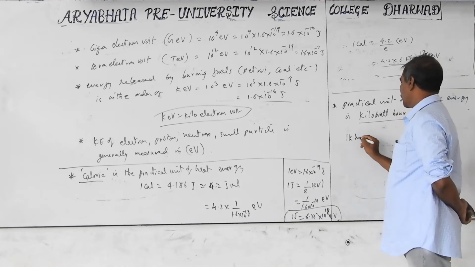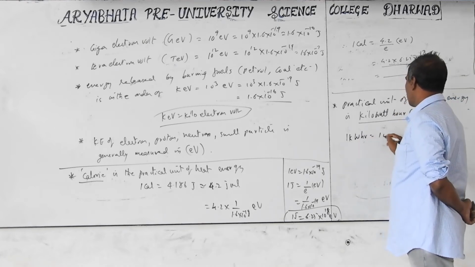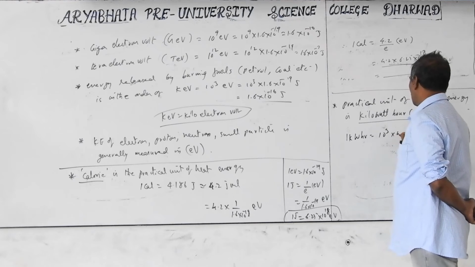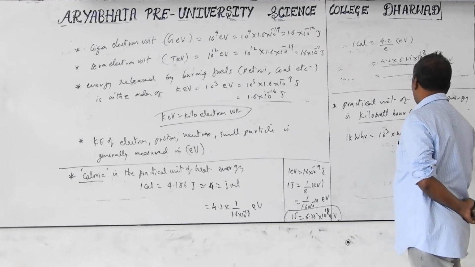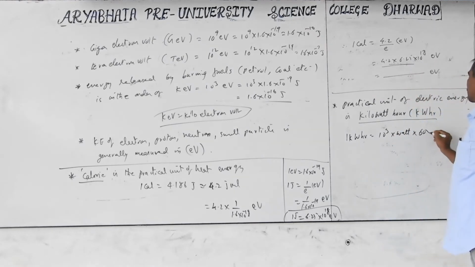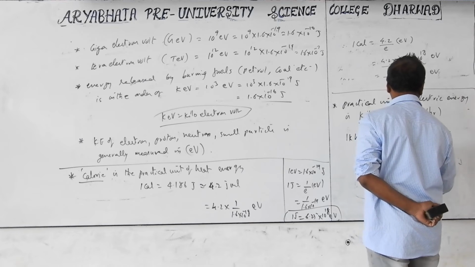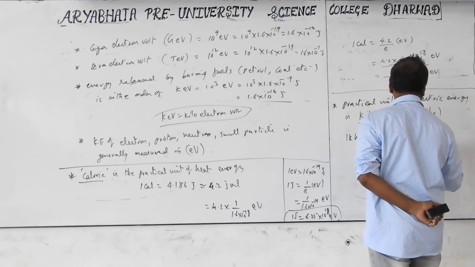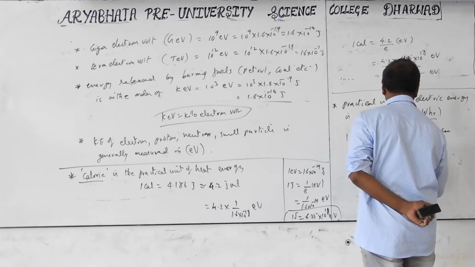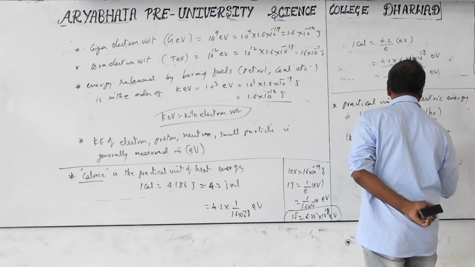1 kilowatt hour is nothing but equal to 10 to the power of 3 watts into 1 hour. 1 hour is equal to 60 into 60 seconds. So watt second is joules. This is going to be 36 into 10 to the power of 5. Watt seconds is 36 into 10 to the power of 5 joules.